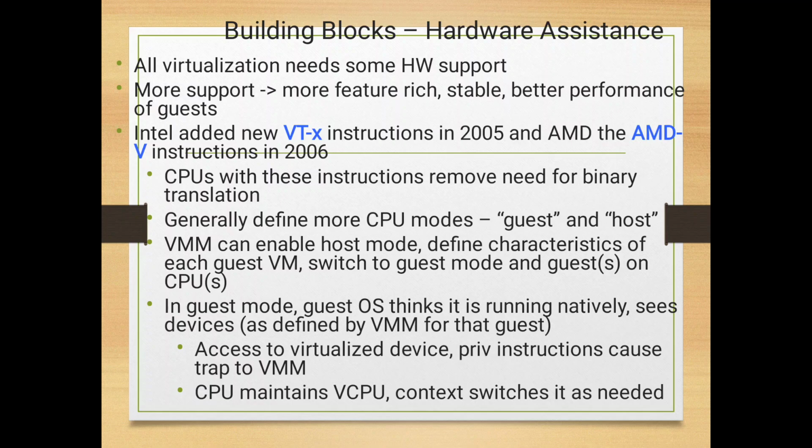Now hardware assistance. Intel added new VT-x instructions in 2005 and AMD-V instructions in 2006. CPUs with these instructions remove the need for binary translation. Here the virtual machines define CPU modes, guest and host. The VMM can enable host mode, define the characteristics of each guest VM, and switch to guest mode.